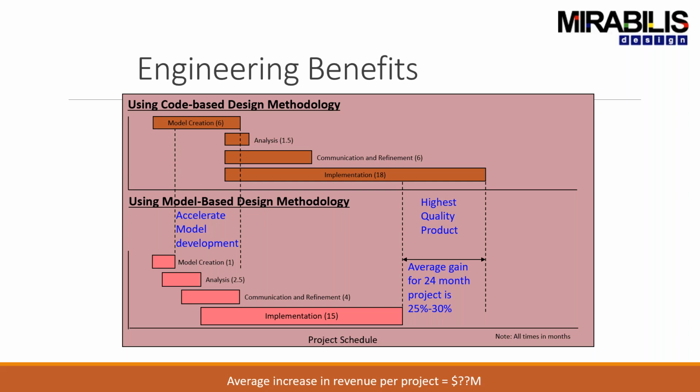So it gets you a higher quality product. It cuts down your product schedule. The third thing is potentially, because you're getting to market faster, your amount of resources used is lower, you actually increase the amount of revenue per project.